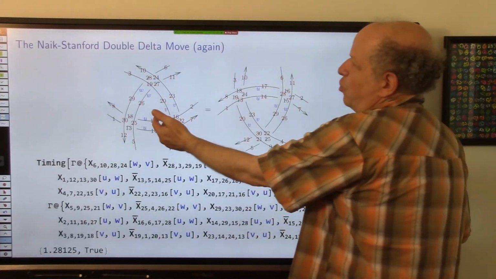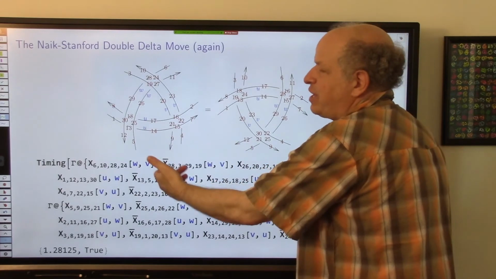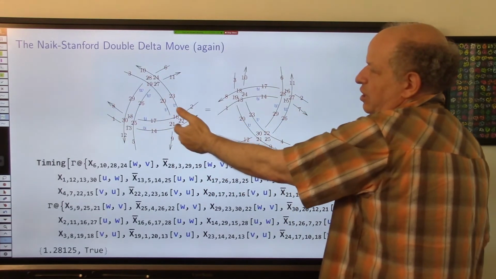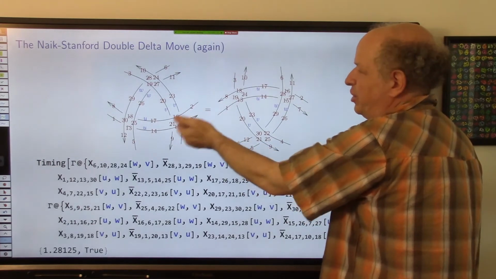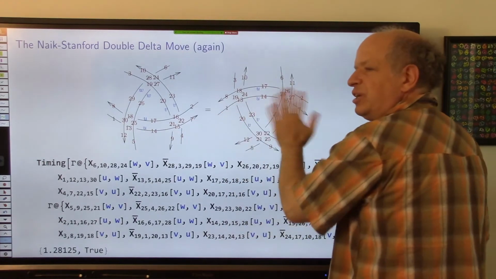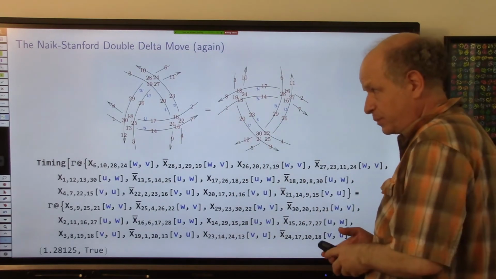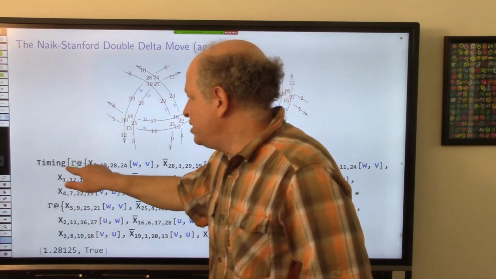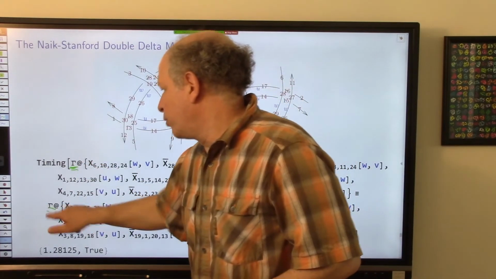So we can compute the same thing as before, namely the Naik-Stanford double delta move. The claim is that the invariant of this tangle is equal to the invariant of this tangle. I punch it in, but now I use gamma instead of A, so gamma for both tangles.